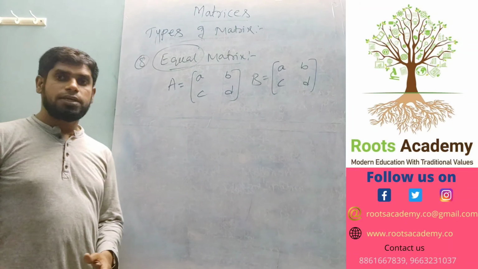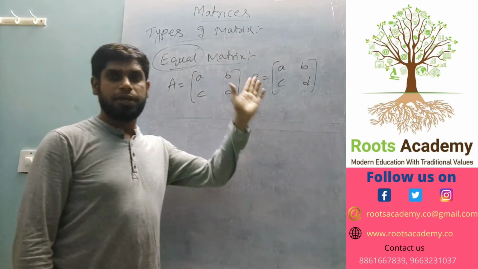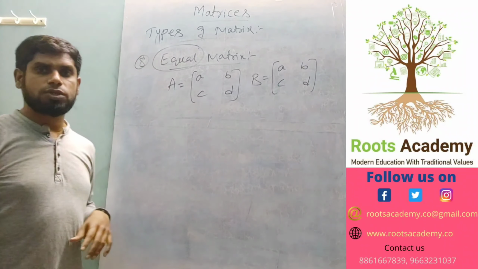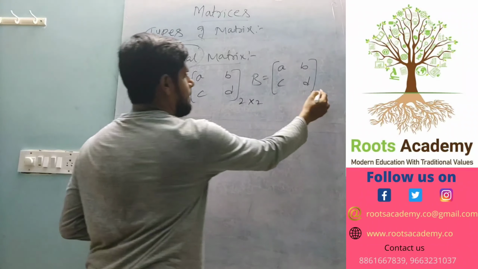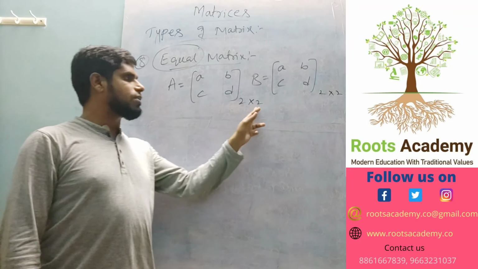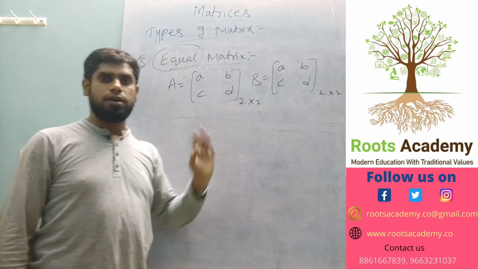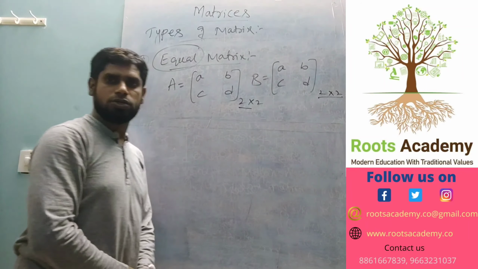So student, to declare any two matrices are equal matrix, we should first check the orders are equal. First thing we should check is orders of the two matrices are equal. Yes, here orders are equal. Both are 2 cross 2.